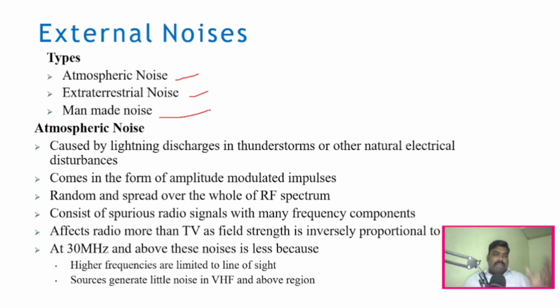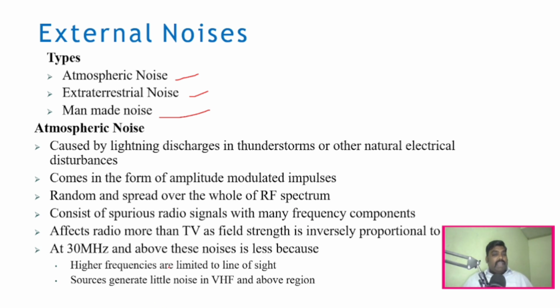First, let's see atmospheric noise. Atmospheric noise is caused by lightning discharges and thunderstorms or other natural electrical disturbances. It comes in the form of amplitude modulated impulses, happens randomly and is spread over the complete RF spectrum. Its field strength is inversely proportional to frequency, so it affects TV signals more.